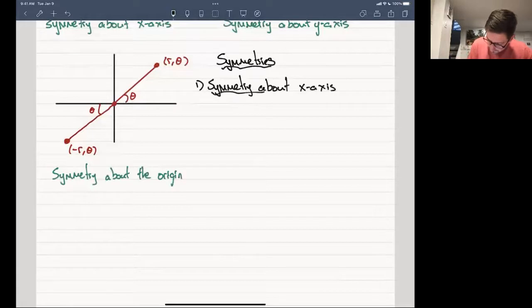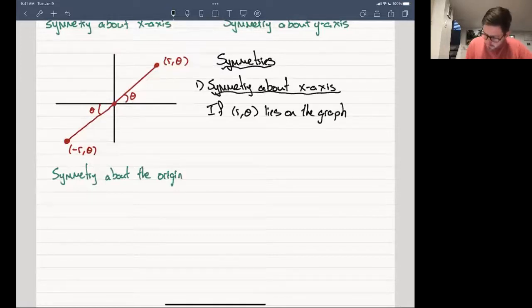It says, well, if r theta lies on a graph, and here we're using the term graph as in curves, any sort of curve through the xy plane, then the same thing, r minus theta lies on the graph.